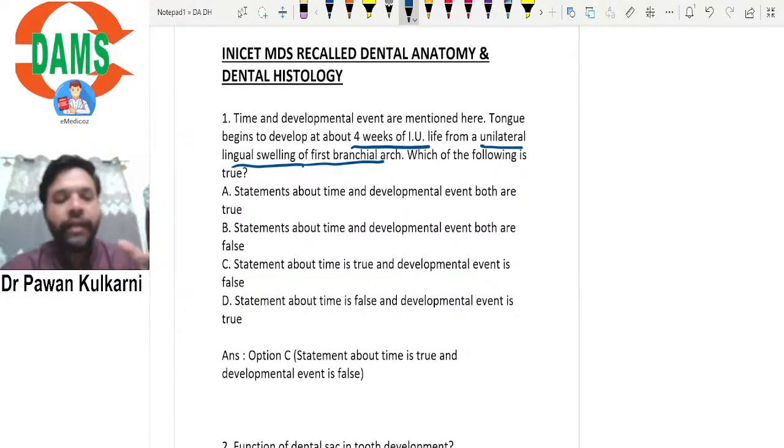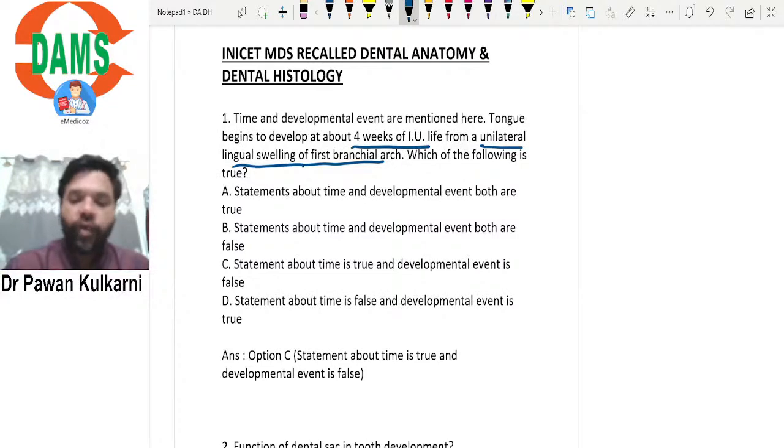The first statement says that tongue development occurs around the 4th week of intrauterine life, and it develops from the unilateral lingual swelling. The first statement is correct: tongue development occurs at the 4th week of intrauterine life. But does it occur from a unilateral lingual swelling?